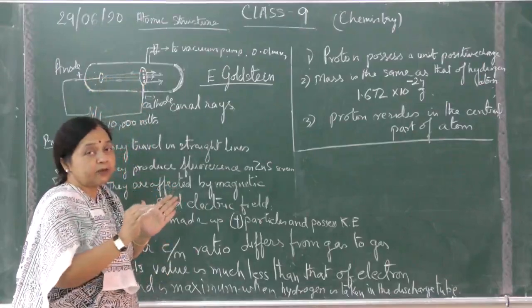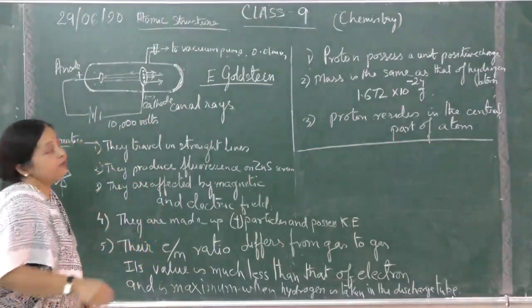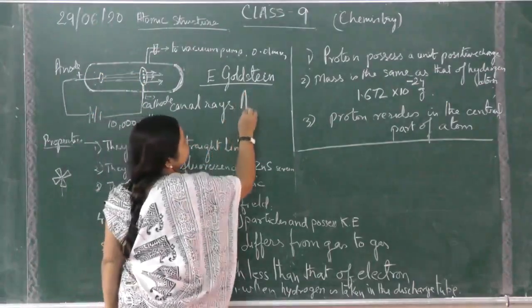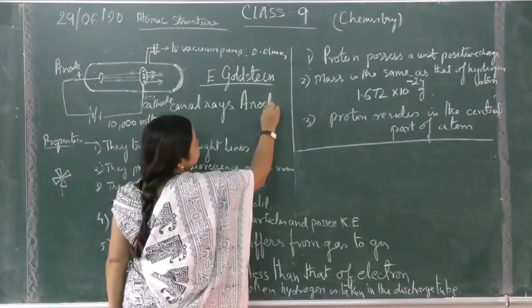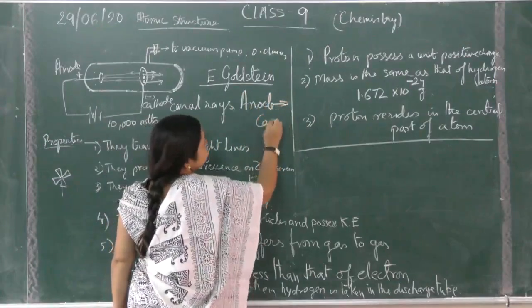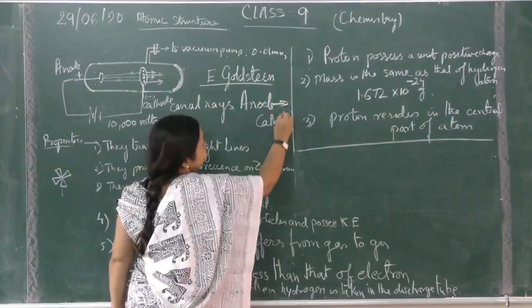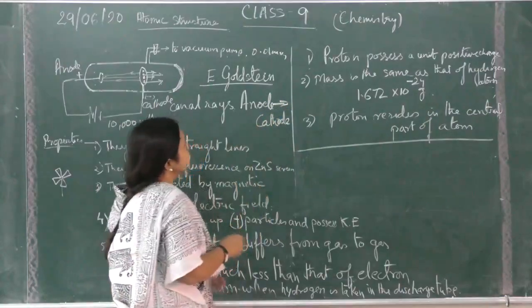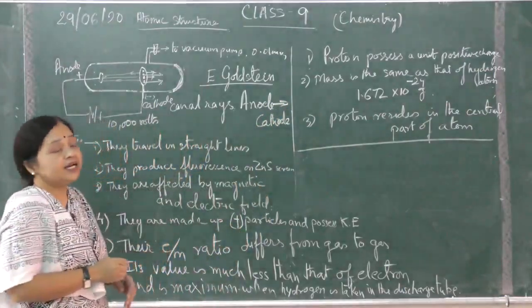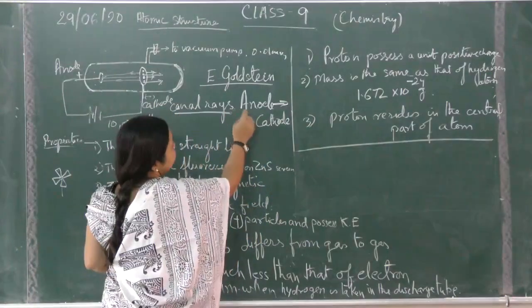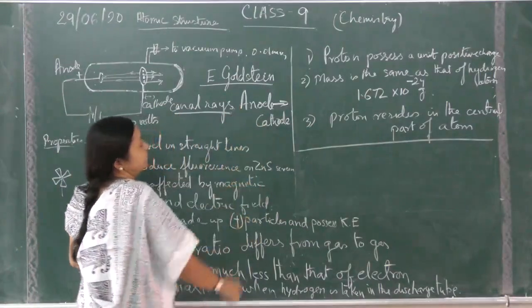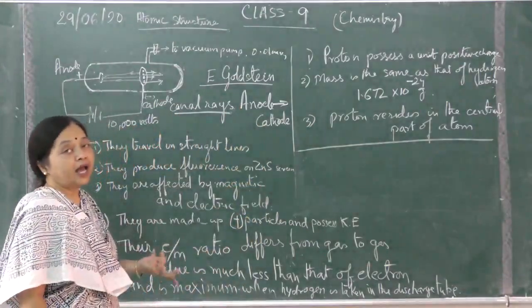The previous flow was from cathode towards the anode, now it is from anode to cathode, and he called these canal rays, or anode rays.